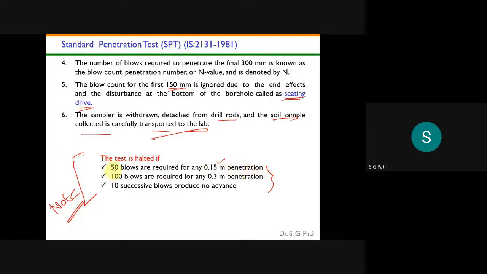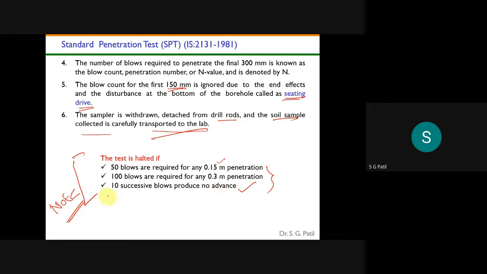Or if you require 100 blows for the 30 centimeter penetration, then also you should stop the test. Or if 10 successive blows produce no advancement of the split spoon sampler, then also you should stop the test.